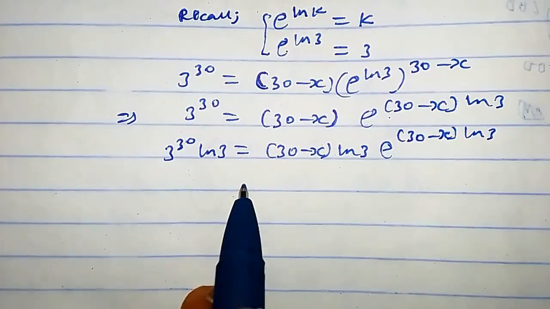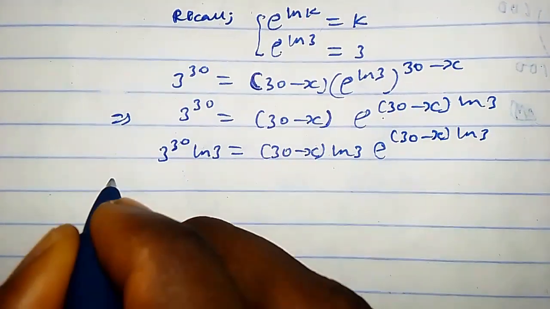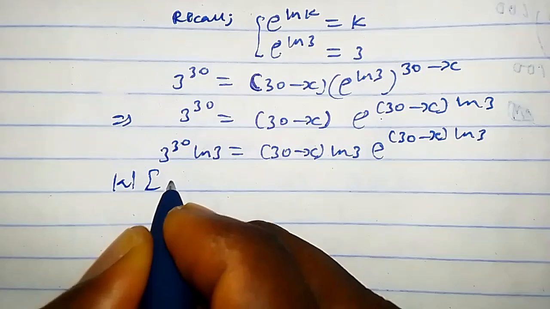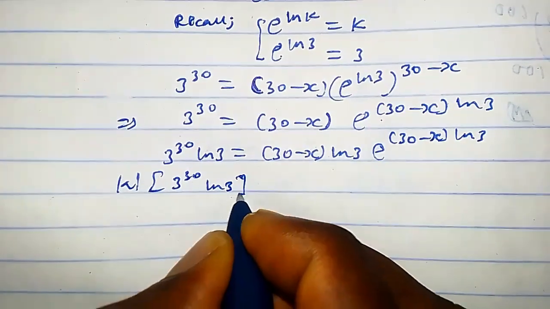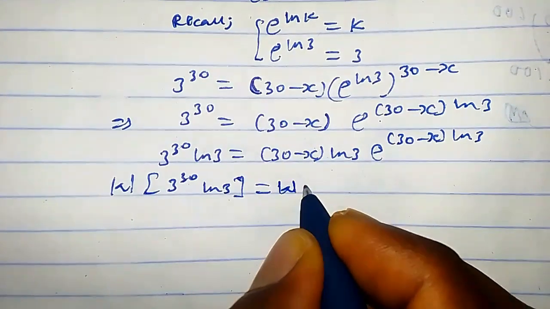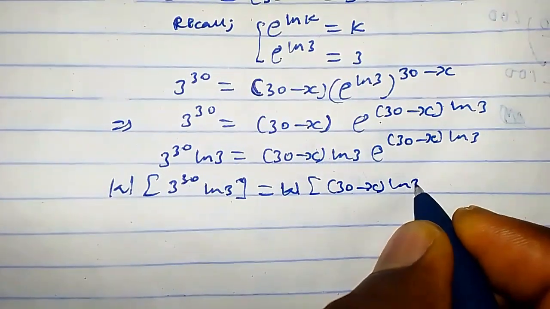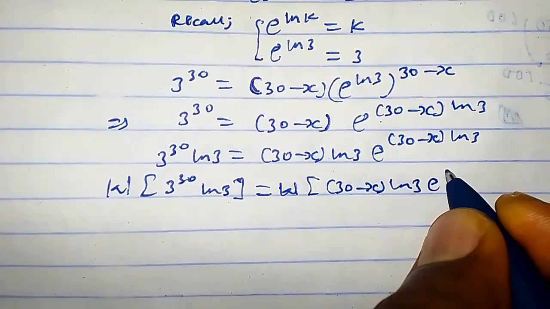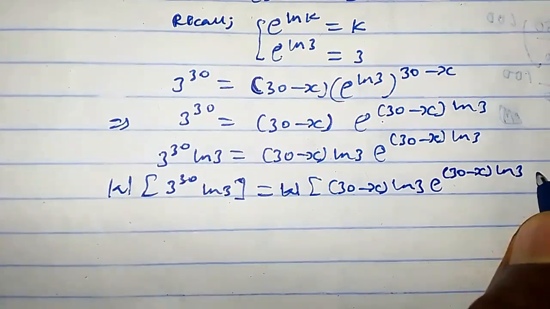Nothing has changed. Now let's take the Lambert W function of both sides. So we're going to have W of 3 raised to power 30 times ln 3 equals W of 30 minus x times ln 3 times exponential 30 minus x ln 3.